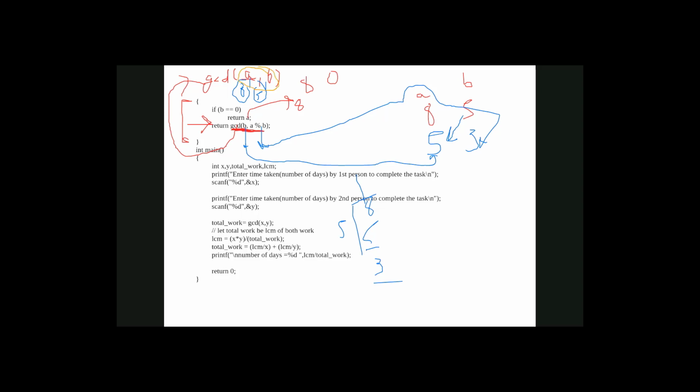So here I'm changing the values of A and B. The value of B is transferred to A, and for the remainder, A divided by B, this percentage sign is the sign of remainder. When we divide 8 by 5, we get 3 as the remainder. So here comes 3. My A value will become 5, and now my B value becomes 3. Understand this?